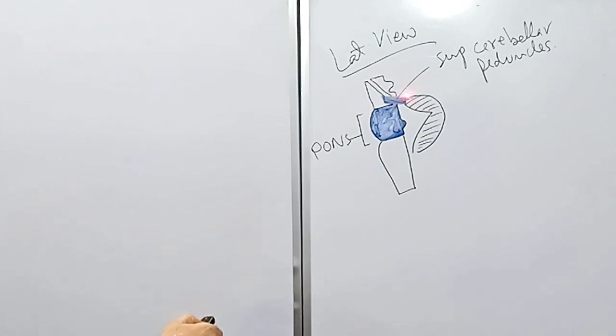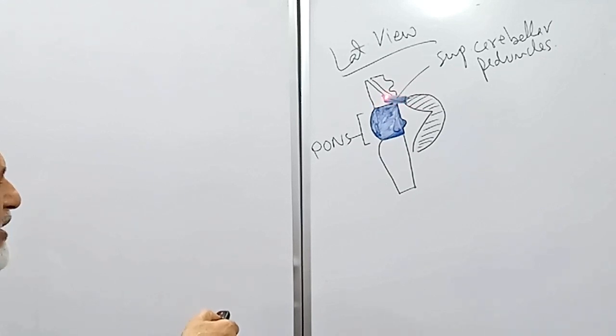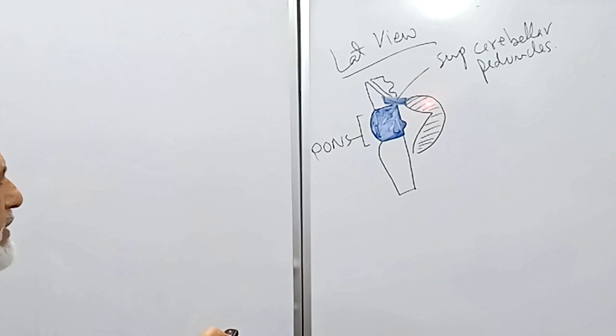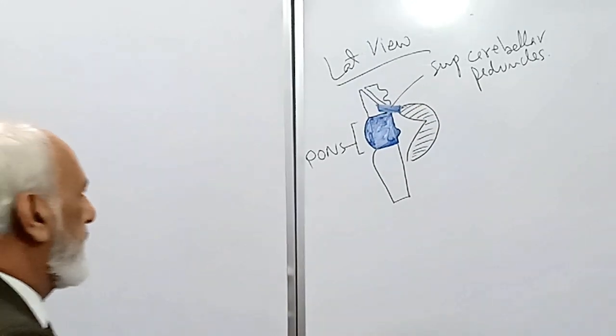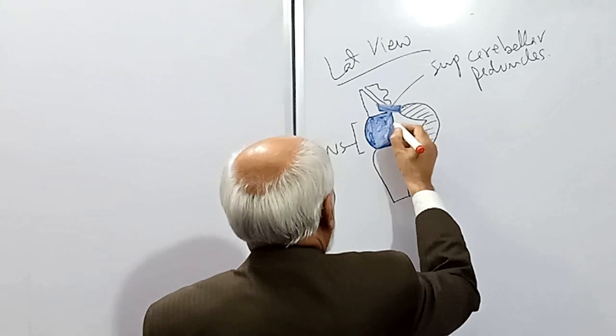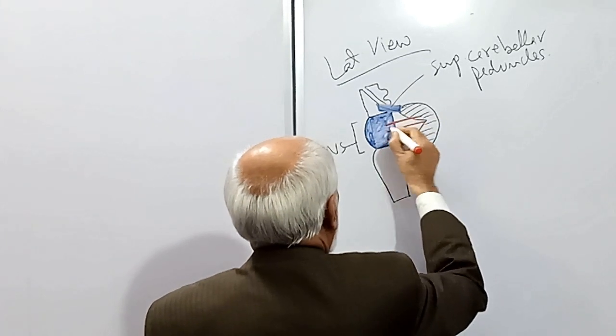Now, because this is a lateral view, you can see only one superior cerebellar peduncle connecting the cerebellum with the midbrain.